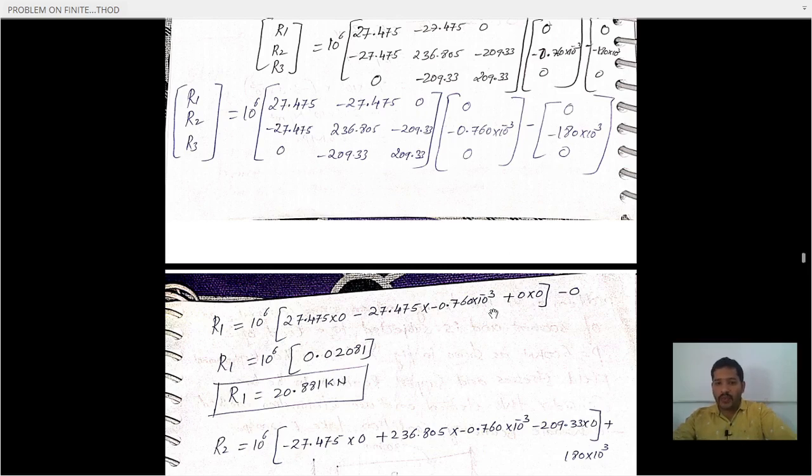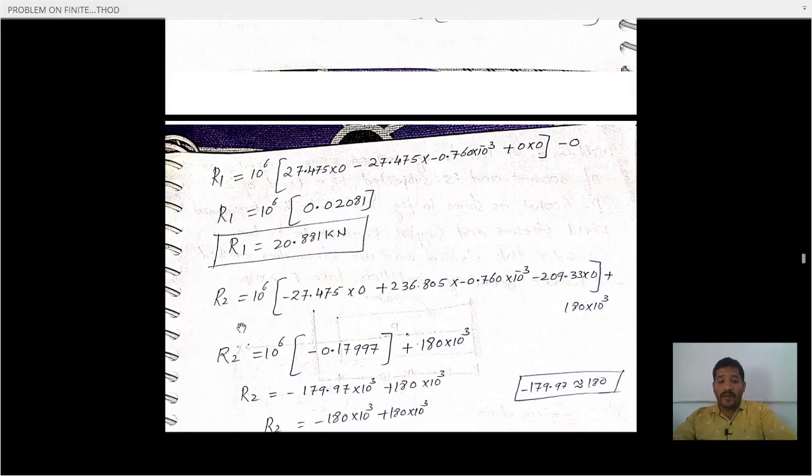If you add this whole value with the help of a calculator, you will get 0.02801. After that, multiplying with 10 power of 6, you will get 20.881 into 10 power of 3 Newton. If you replace the 10 power of 3, it becomes kilonewton. That is the value of R1.